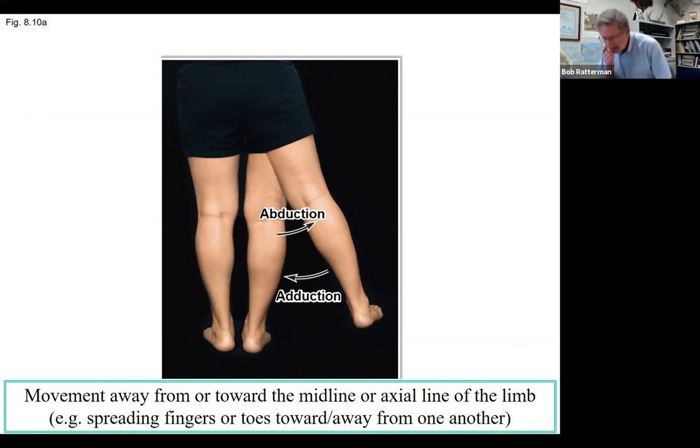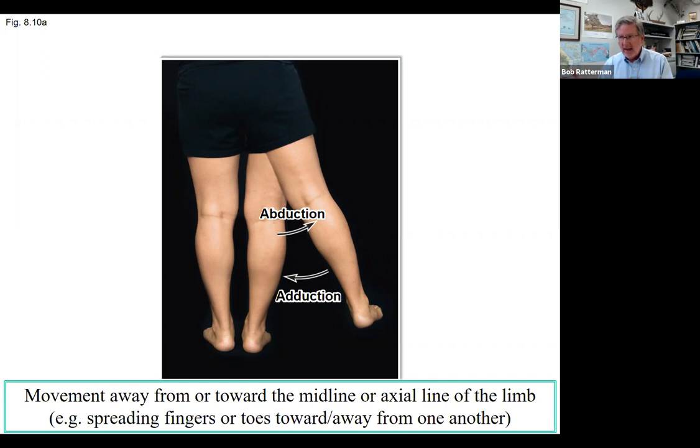That's abduction. If you think of the term abduction and how it's used in everyday language, you can think of an example of, say, a child who's been abducted from his parent, taken away, right? So this is movement, again, away from the midline. Adduction is just the opposite, where we are bringing a limb toward the midline.